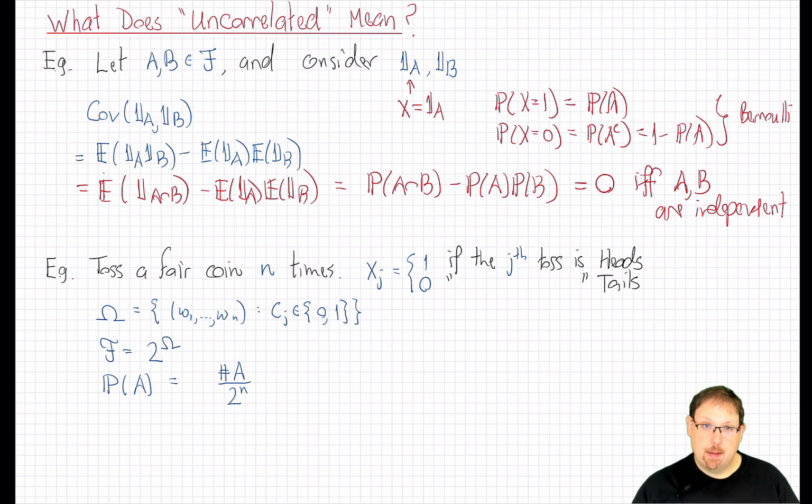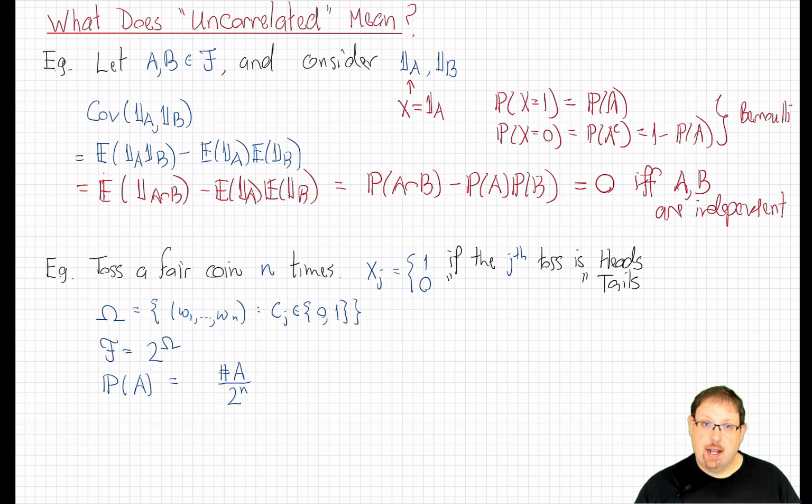For another example that is not actually unrelated, consider tossing a fair coin n times, and consider the random variables which measure whether you get heads or tails. xj is 1 if the jth toss is heads, and 0 if the jth toss is tails. We can model this situation with a finite probability space, omega consisting of all sequences of zeros and ones of length n.